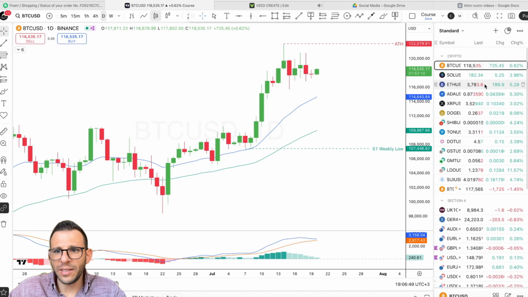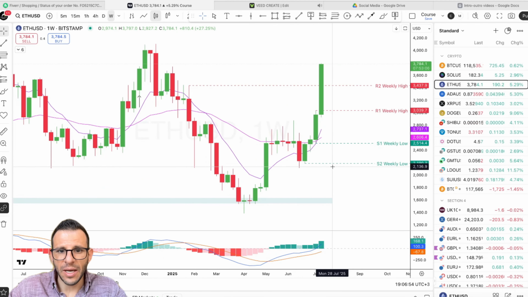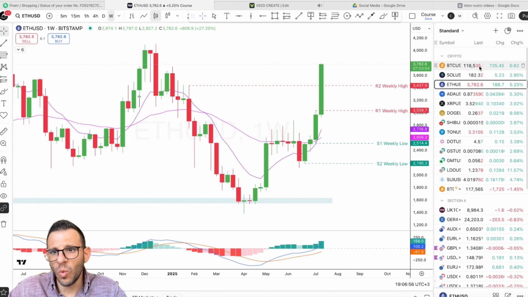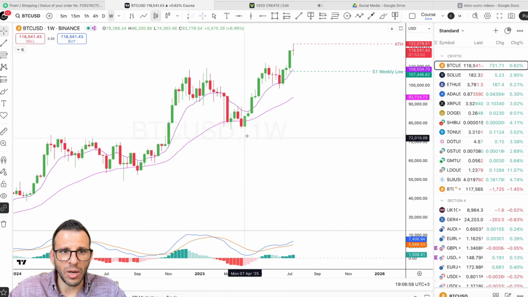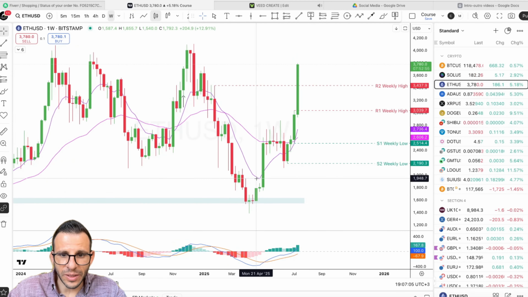Now the weight is on the Ethereum, guys, because Ethereum was less appreciated while Bitcoin has been having a solid run since March, let's say, but Ethereum didn't really perform in March.